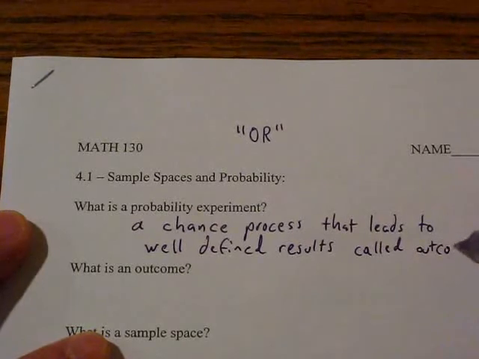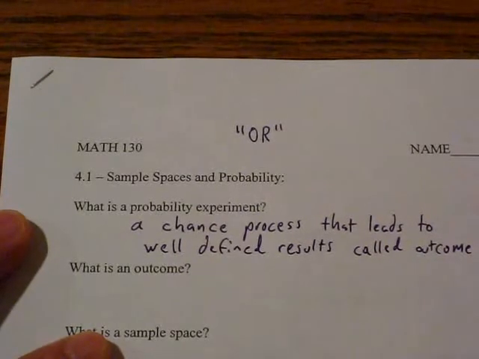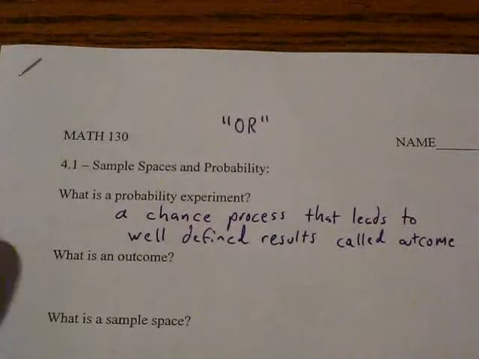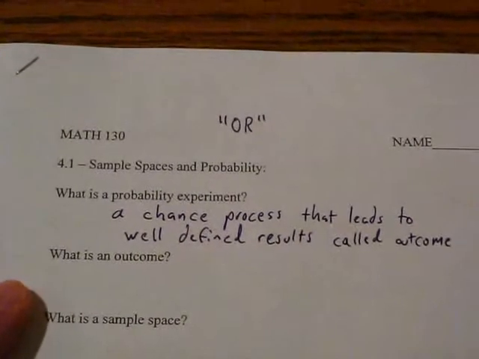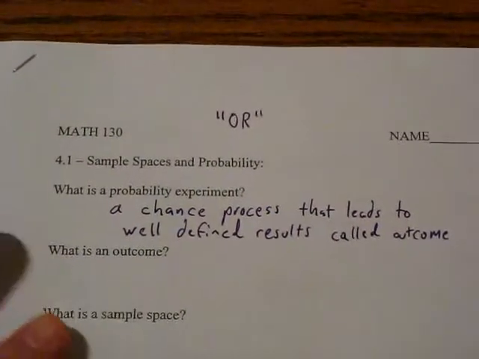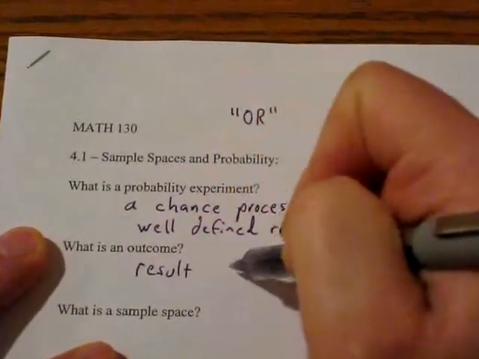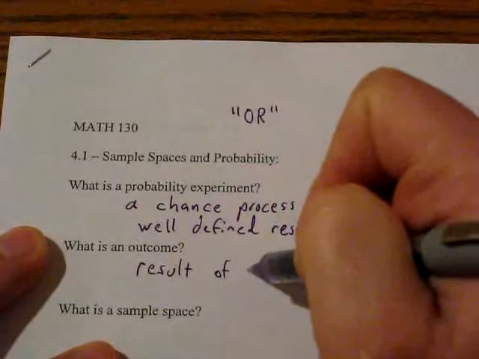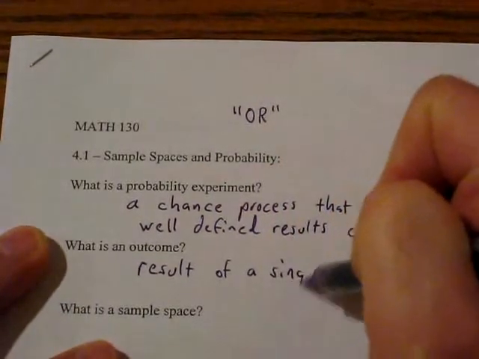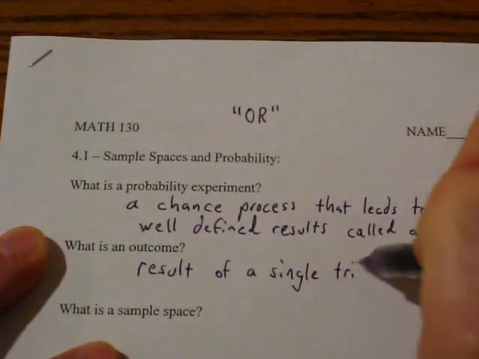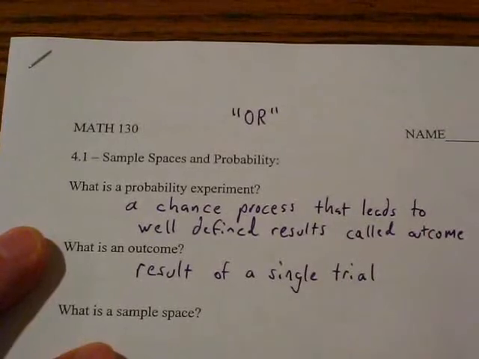So we're going to look at ways that we can make outcomes by rolling dice, picking cards, and perhaps flipping coins. And an outcome is the result of a single trial of an experiment.